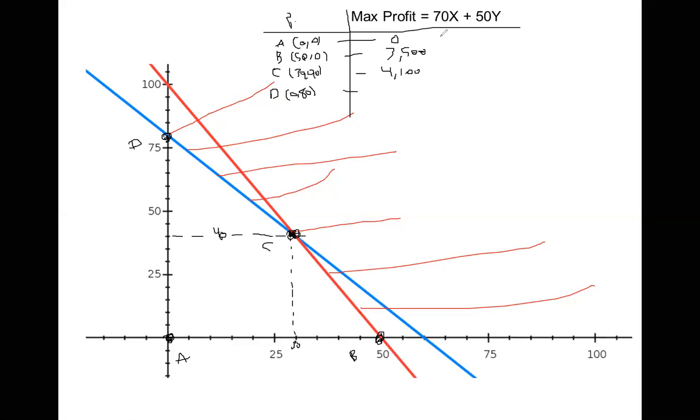Okay, the last point, 0, 80, direct substitution, it's 4000.